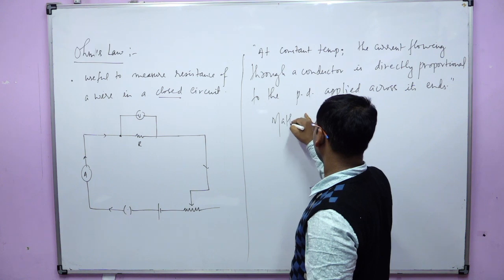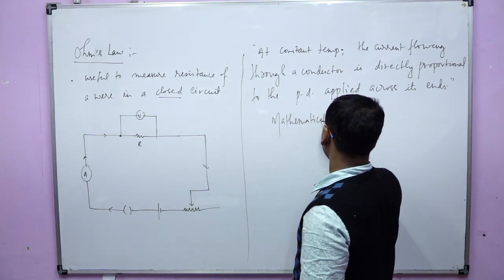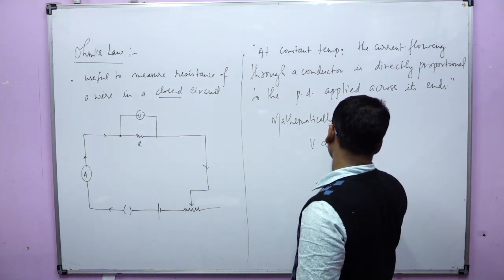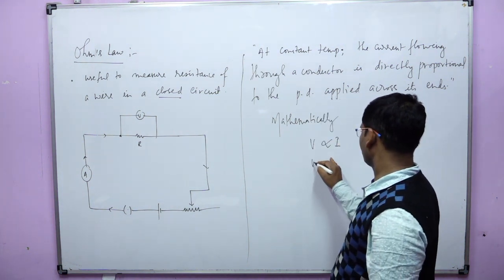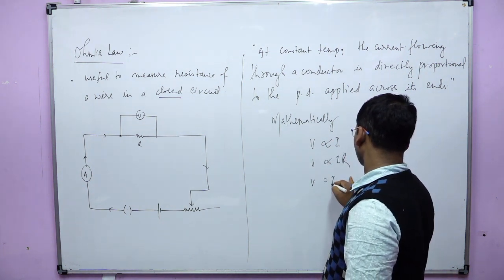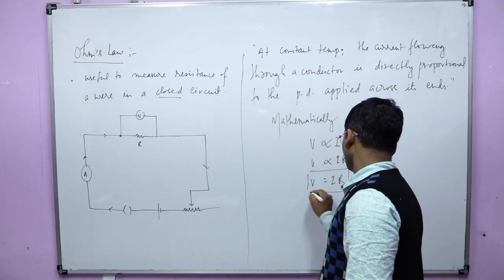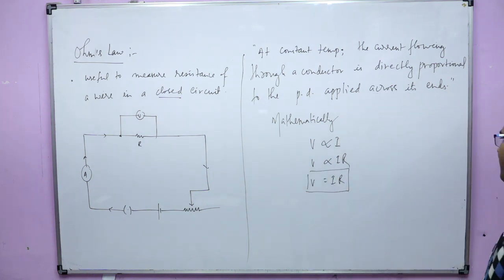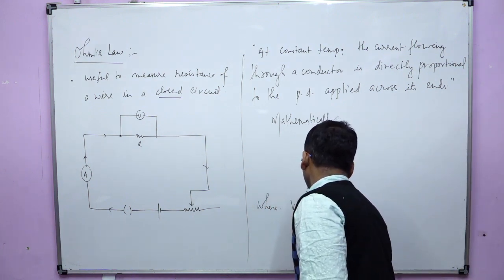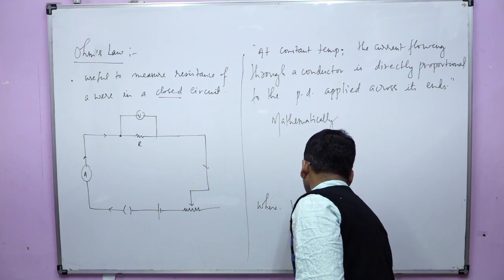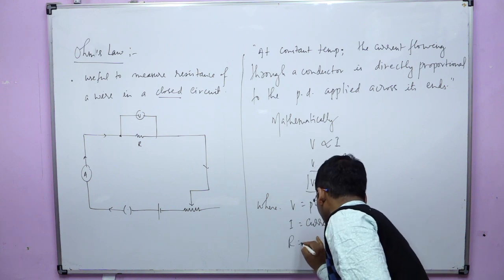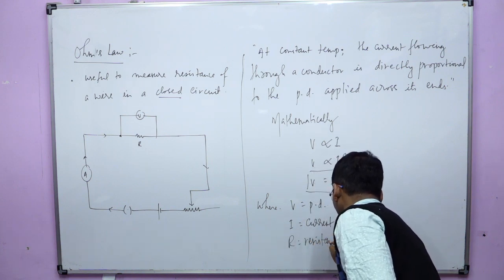Mathematically, if you wish to know what it says, then V is directly proportional to I, or V is directly proportional to IR. So we can write V is equal to IR, where V means potential difference, I means current, and R is resistance.